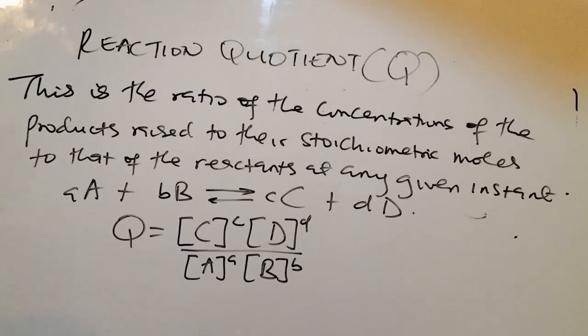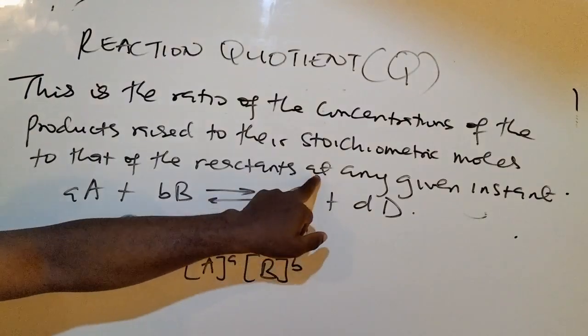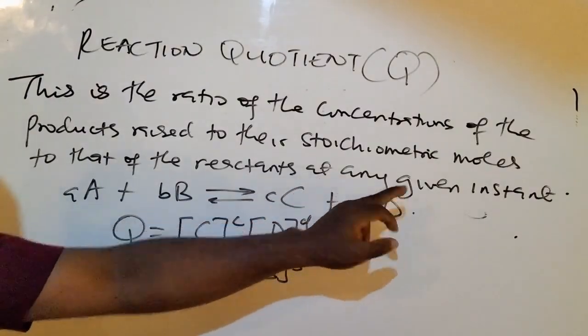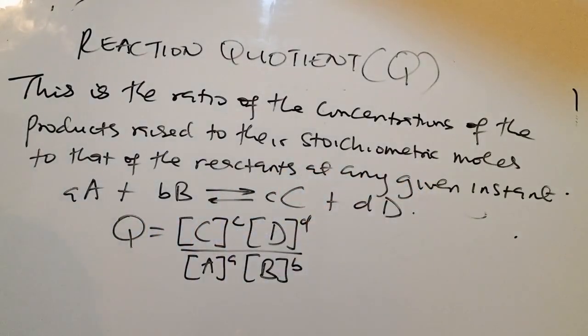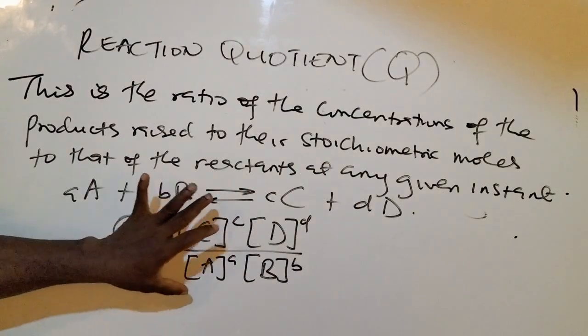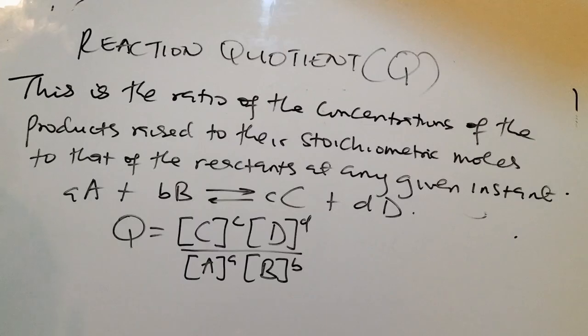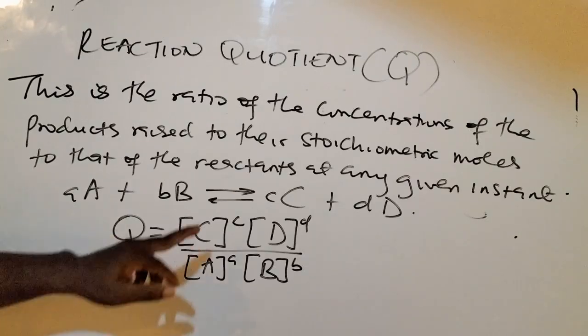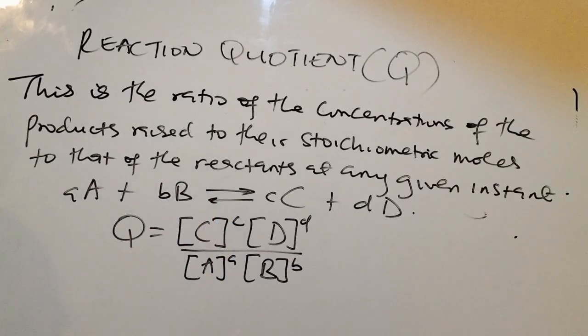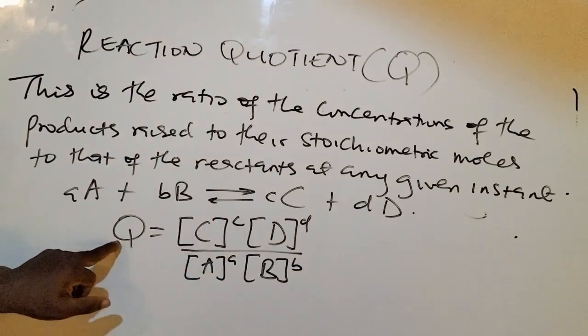If I write the equilibrium constant definition at equilibrium, this becomes K. But at any given time, this becomes Q. So if I write this expression when the reaction has not reached equilibrium, that is Q, the reaction quotient. If the reaction reaches equilibrium, then Q becomes equal to K. But when the reaction has not reached equilibrium, we cannot call this our equilibrium constant.